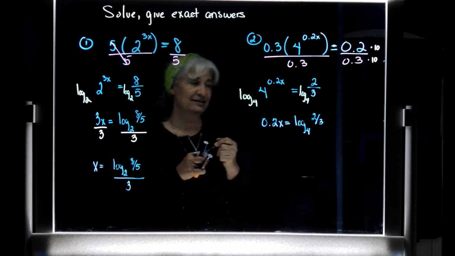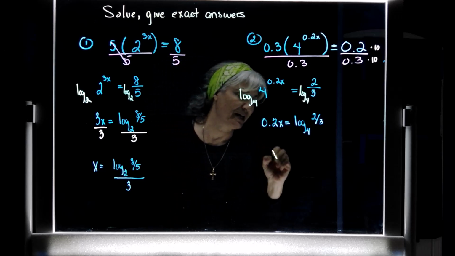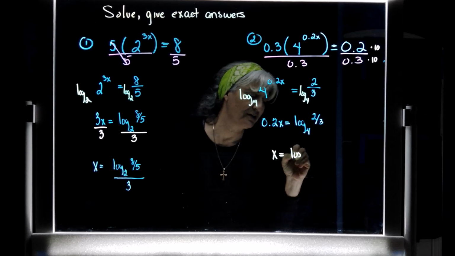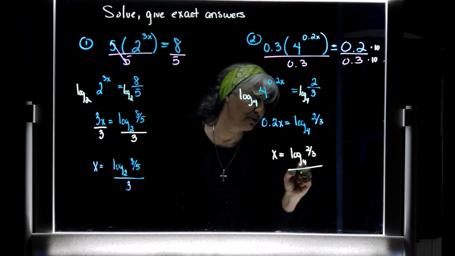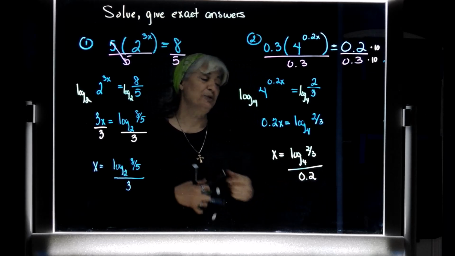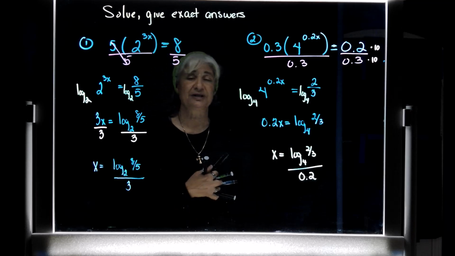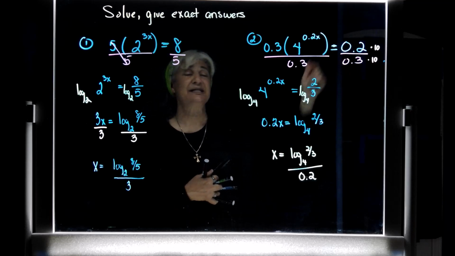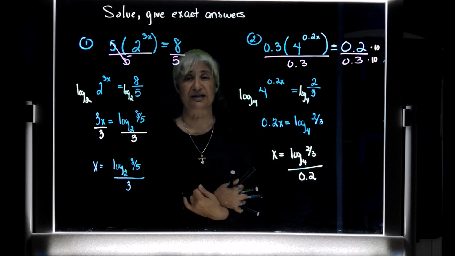And then divide by the 2/10, right? Okay. So x equals log base 4 of 2/3, the whole thing divided by 2/10. And now I'm not going to multiply top and bottom by 10 because the numerator doesn't have a decimal like it did in the first line, so I'm not going to worry about trying to simplify that.